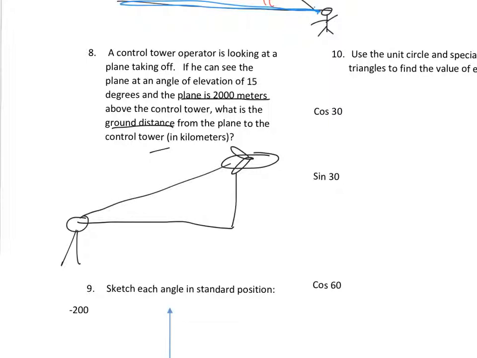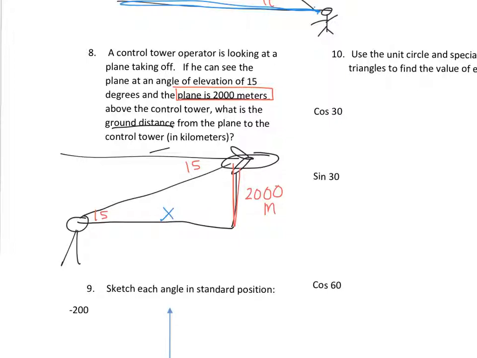Here's my right triangle. The 15 degrees can either be right here or right here. We know that the plane is 2,000 meters above the control tower, so this distance is 2,000 meters. So we are trying to find what x is.